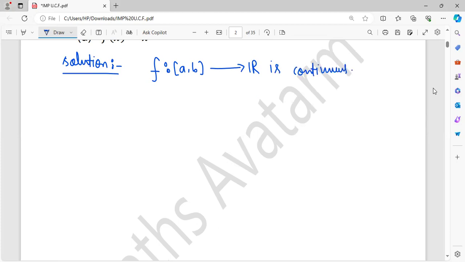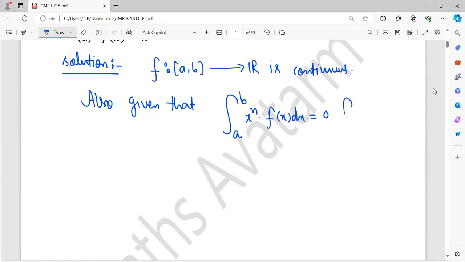And also given that the integral from a to b of x to the power n into f(x) dx is 0 for all n belonging to natural numbers union 0.